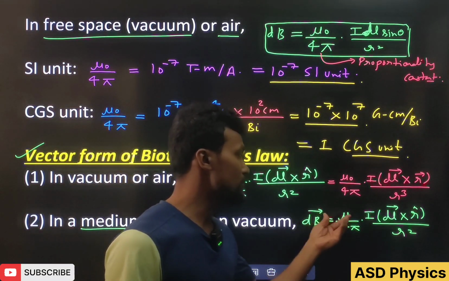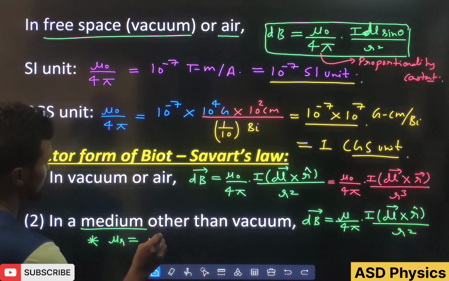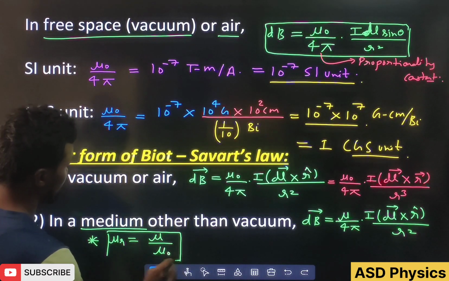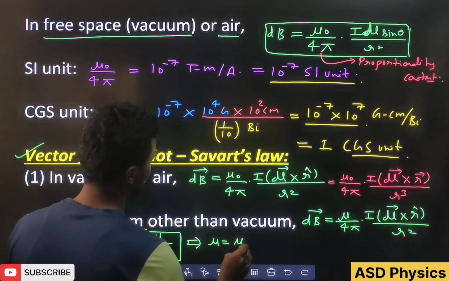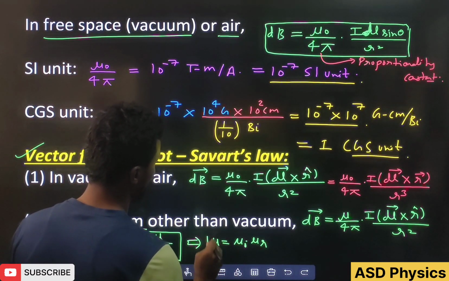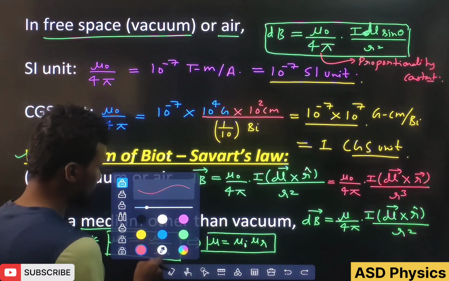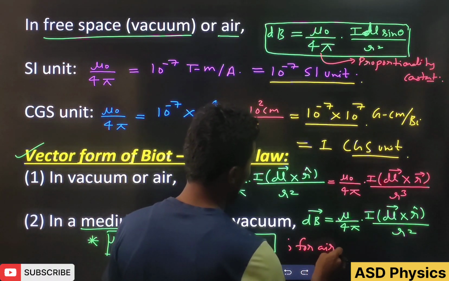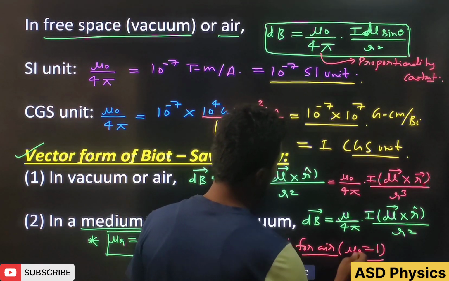Mu is called the permeability of the medium. You know very well that relative permeability is given by permeability of the medium by permeability of free space. From here you can write mu equals mu naught into mu r. And similarly for air, just think and tell what is the value of the relative permeability. It will be how much?